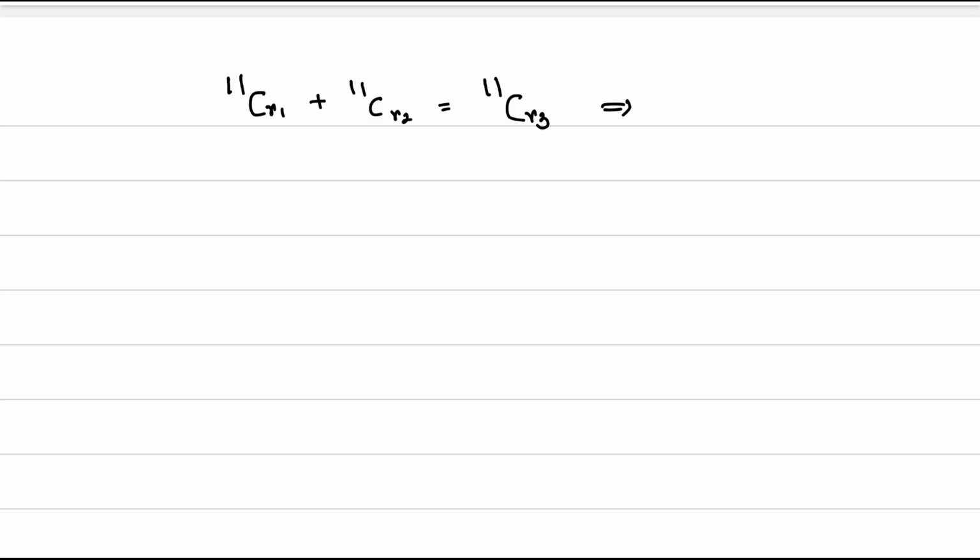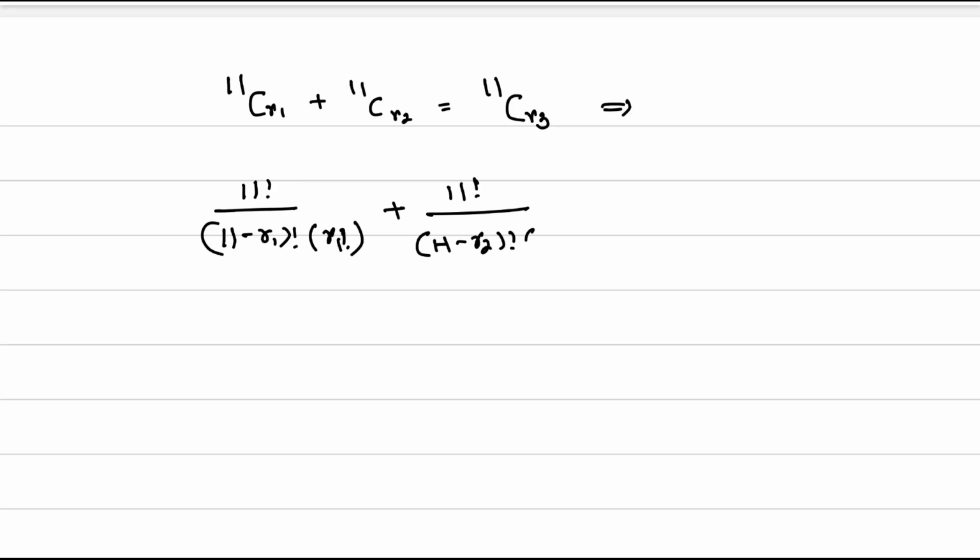That implies factorial 11 divided by factorial 11 minus r1 into factorial r1 plus factorial 11 divided by factorial 11 minus r2 into factorial r2 is equal to factorial 11 by factorial 11 minus r3 into factorial r3.